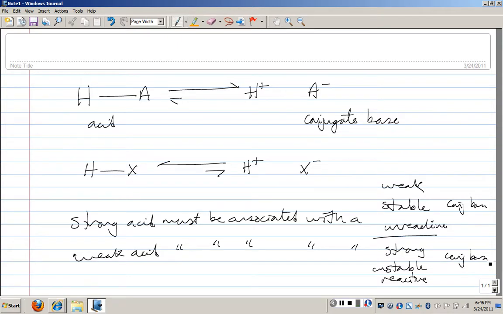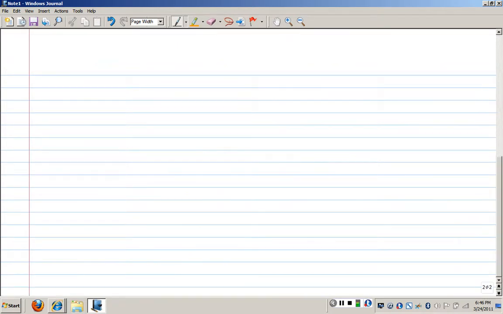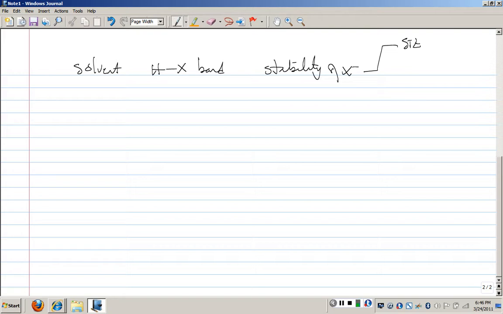Okay. So it means then that a major factor that affects the strength of an acid, and we've looked at lots already, right? Look, the factors were the solvent, which we talked about. We looked at the HX bond, right? And the third factor really would be the stability of X minus. But we looked at that in terms of the size of X, right?